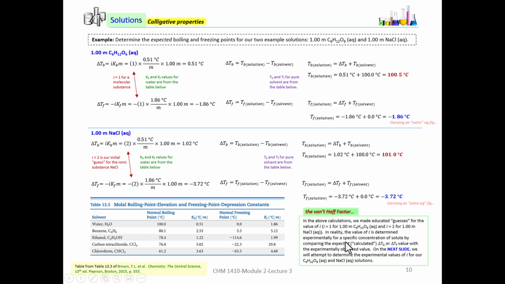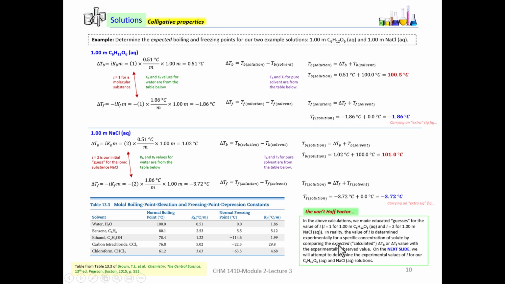Now in the above calculations, as I said, we made educated guesses for the value of the Van't Hoff factor i. We said i would be 1 for glucose and i equals 2 for the sodium chloride solution.